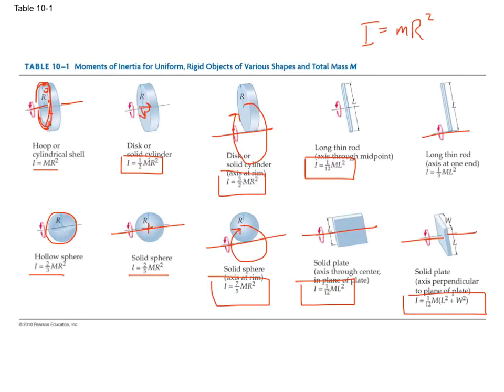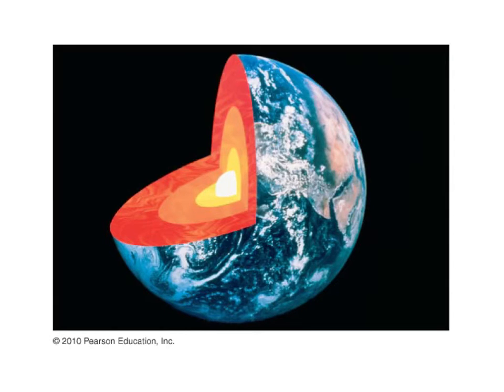One last little thing before I close out this segment, and that is, let's look at the Earth. And we all know that the Earth is a solid sphere, but it's got an interesting moment of inertia. Partly because it is a solid sphere all the way through, or at least a spheroid, very close to a sphere. But if you remember anything from Earth science, the various different materials that make up the Earth, well, it's hard to see my red dot in there, have different densities.